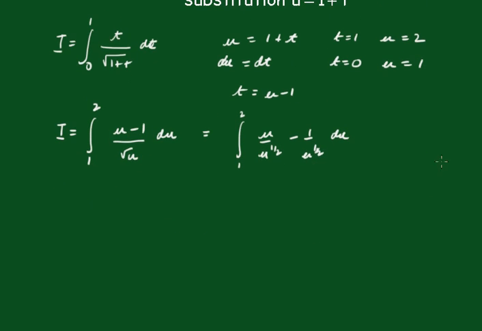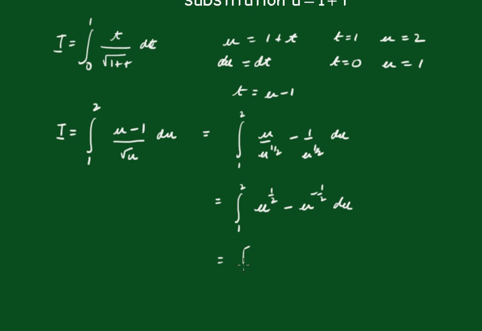You could have done that another way. You could have taken this up the top and multiplied it out, getting the same result. Now this becomes u to the half minus u to the minus a half du.